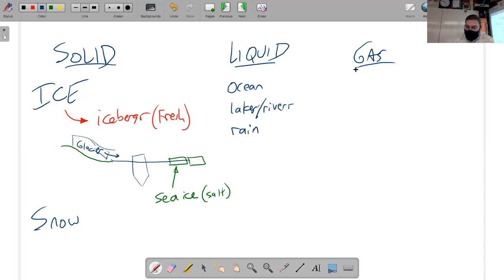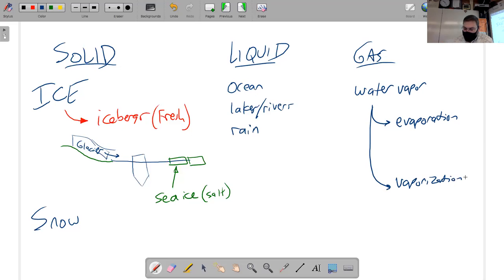But then water also exists as a gas. So we have water vapor in the atmosphere, and the water vapor that ends up in the atmosphere comes about from a couple different ways. It comes about from evaporation and another process called vaporization. And those two processes are different.